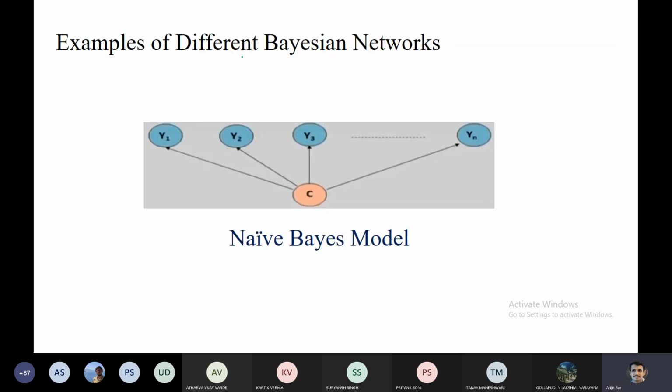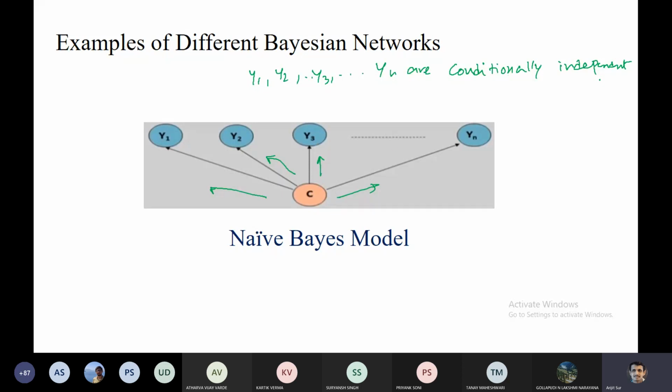Now here you can understand very easily the relationship in this way. Okay. So these values y1, y2, y3, yn are conditionally independent. Because if something happens, maybe that is the reason for this, but this is not the reason for that.